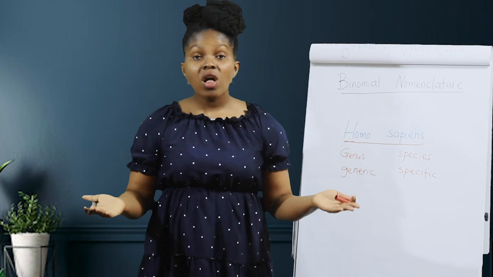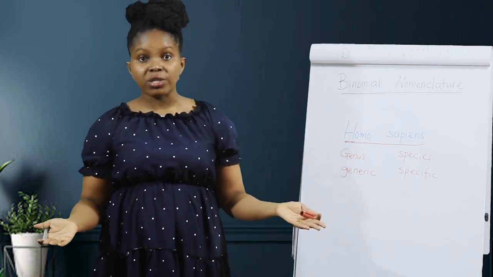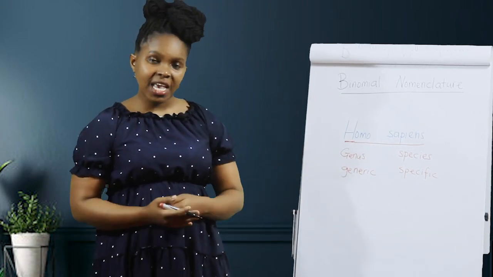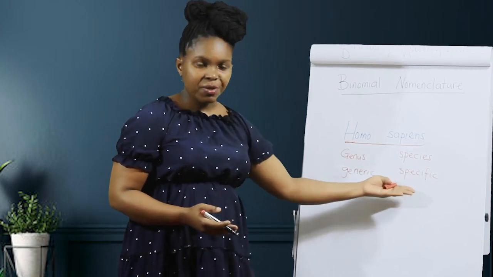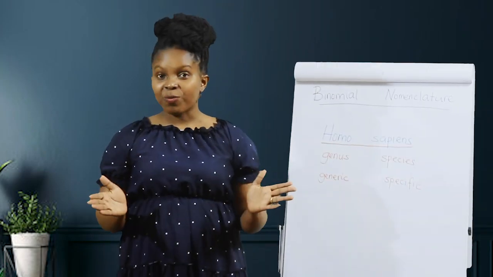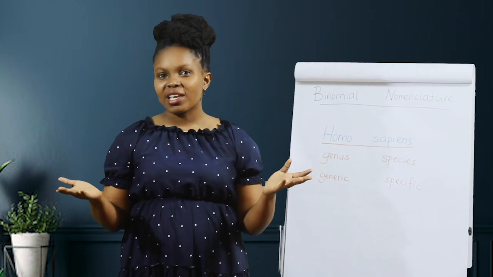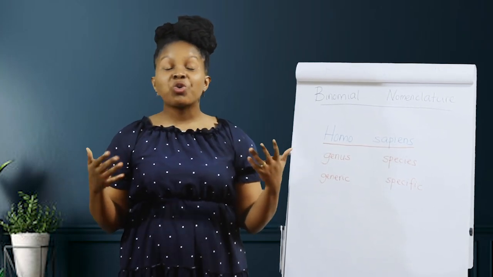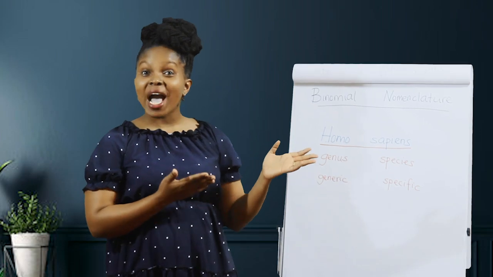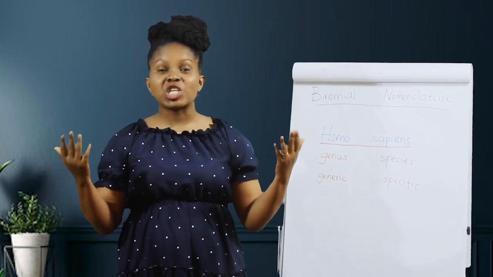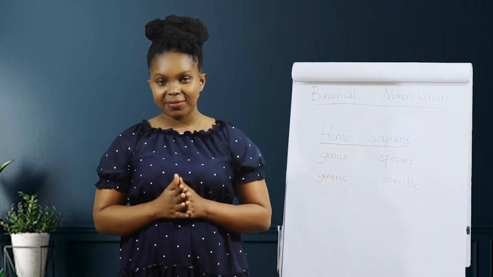Therefore, all living organisms on the world have a scientific name which involves the generic name and the specific name. Now, let's take a look if you can remember what we've spoken about in this lesson by trying to answer the questions that shall come upon the screen.